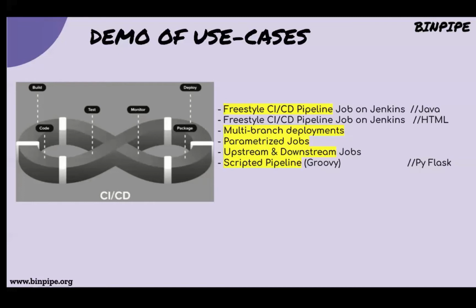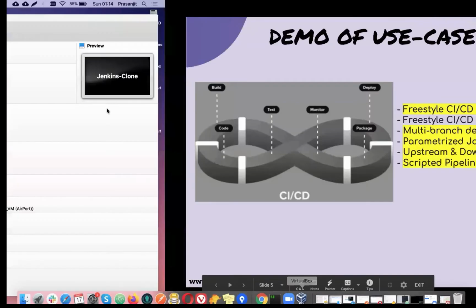So for today, let's cover this Java freestyle pipeline. Later on, in the next session, we will use the same project to deploy this project as a declarative pipeline. So let's not complicate it now. Let's start working on these exercises which we are scheduling for today.